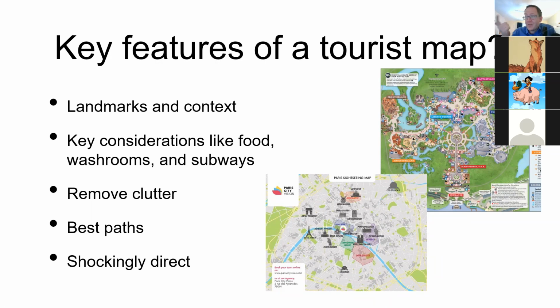It is simplified to the point of being almost stupidly simple. It emphasizes things that are important like food, washrooms, subways. I get rid of any and all clutter if I can. And I point out and slap them in the face with the best path from point A to point B. It is shockingly direct. And this is not even the best possible case of it, but Paris is pretty big.